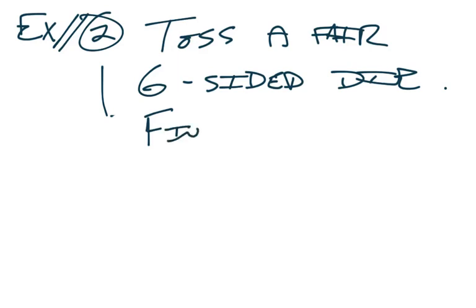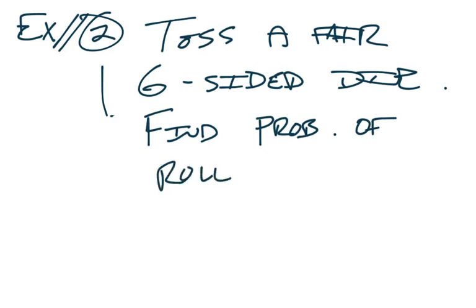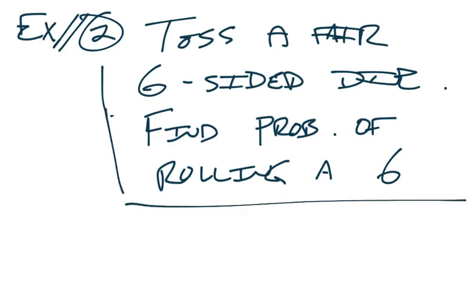Find the probability of rolling a 6, just as an example. This means you roll the six-sided die, and the side with 6 pips, 6 dots, is showing on the top.